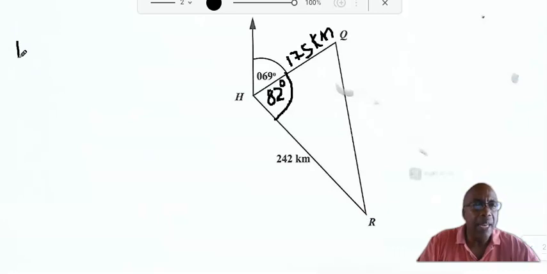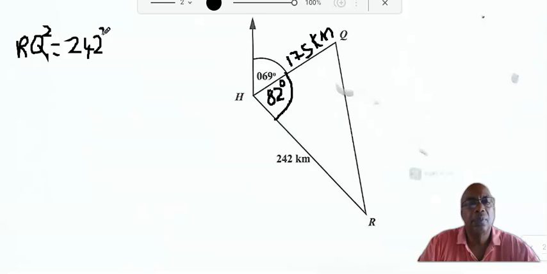So it states that RQ squared equals the sum of the squares of the other two sides, which is 242 squared plus 175 squared, minus 2 times the product of the same two sides.